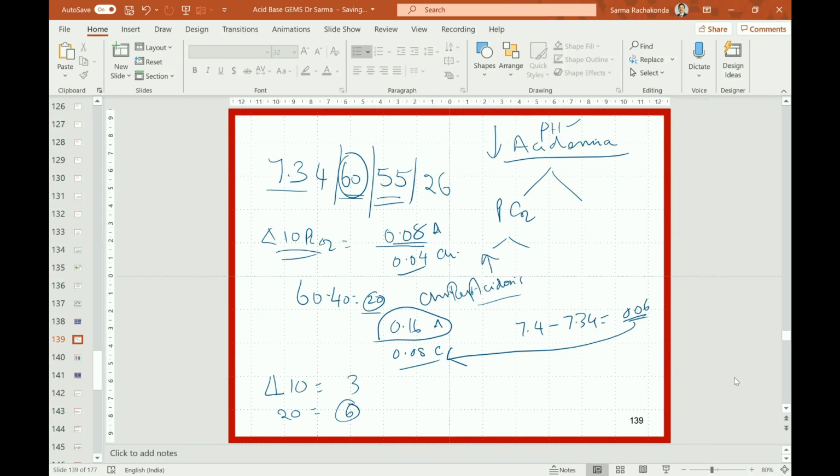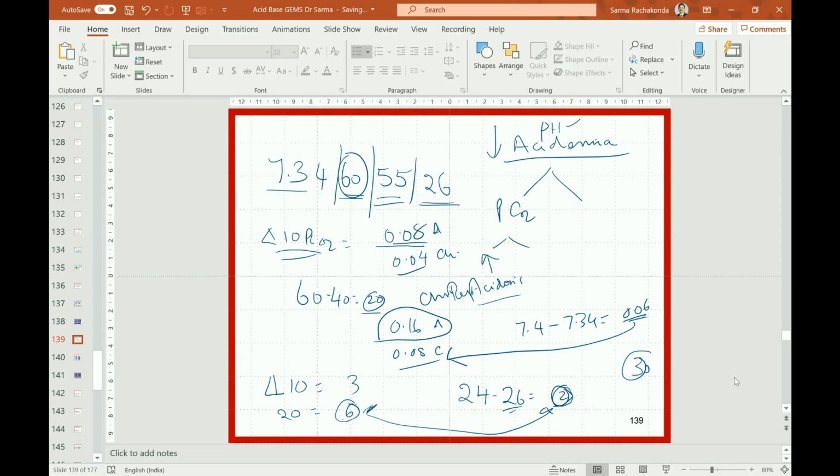So what is my bicarbonate? 26. What is expected? 24 to 26, so up by only 2 units. But 6 units is what it should have gone up if it is chronic respiratory acidosis. So the bicarbonate has not gone up to the expected extent. In fact, it must be somewhere around 30. 24 normal plus this 6, 30, but I have got only 26.